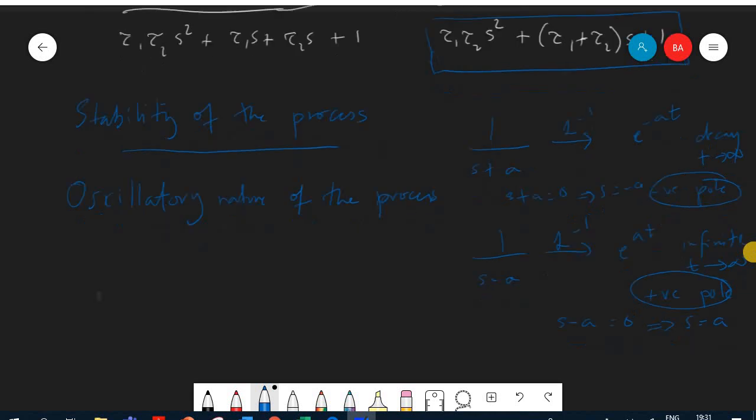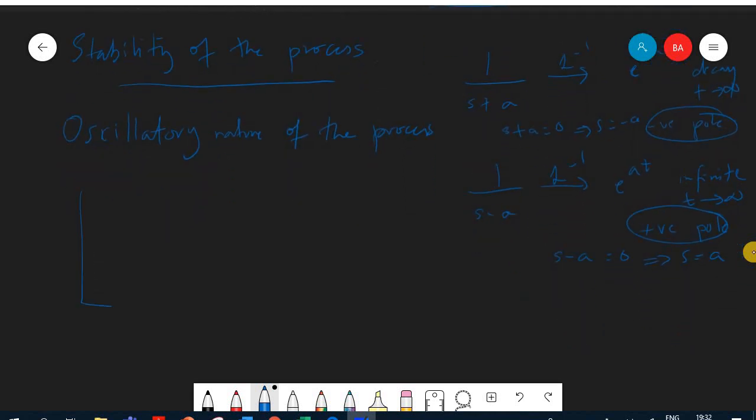Well, what do we mean by oscillatory? Oscillatory means something that looks like a sinusoidal wave. And when do we have a sinusoidal wave? If you can recall, we will have a sinusoidal wave if the poles have a complex root. So if you have a complex root, you're going to have an oscillatory process, because you're going to have a sine or cosine or both.